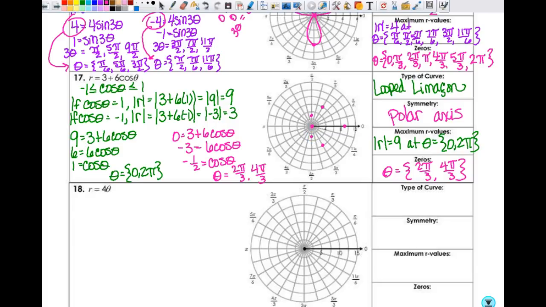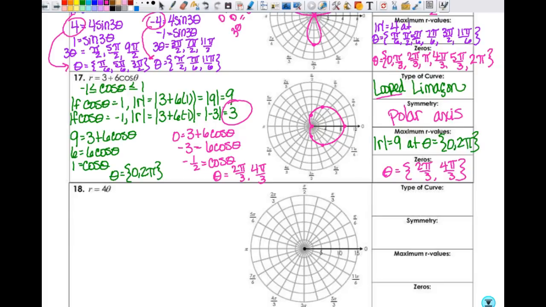So that at least gets me where I'm going to come up through pi halves, but then I can't cross 2 pi thirds, so it's going to look something like this as I go through there, and come around to make it circular, something like this. But this is a looped limaçon. This number right here gives me information about my loop.